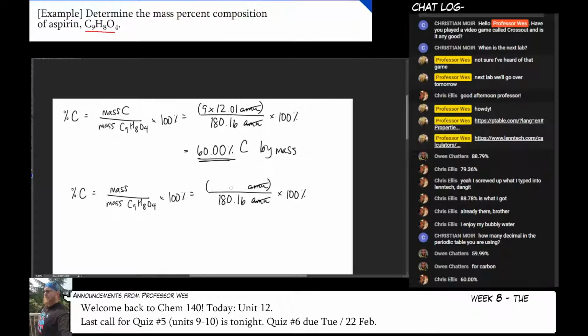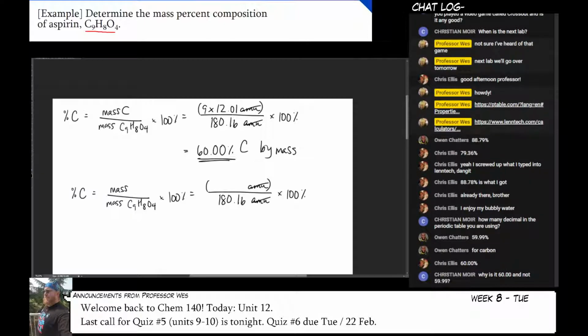We'll just erase the part that we don't need. I don't know why I'm doing oxygen next, but I guess we're doing oxygen. So there you go. I can punch it in the calculator, and when I do that, I get 35.52.